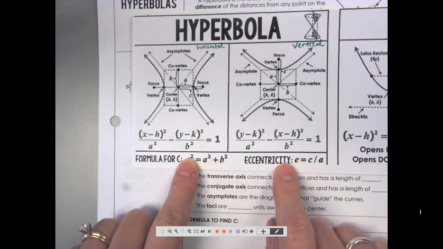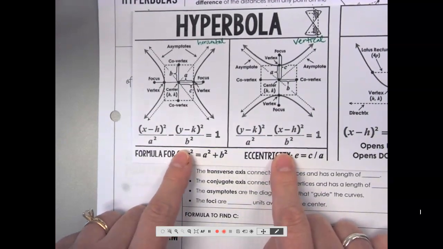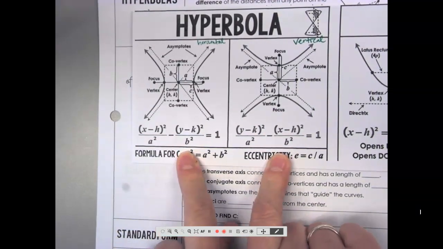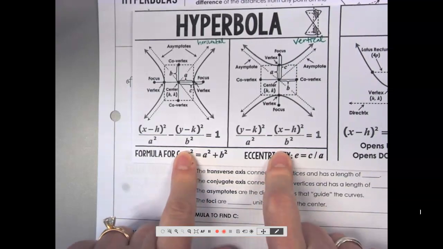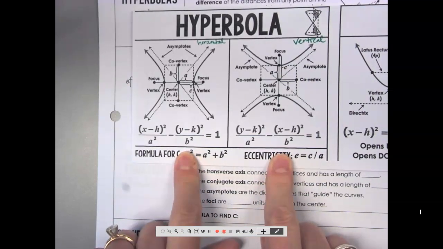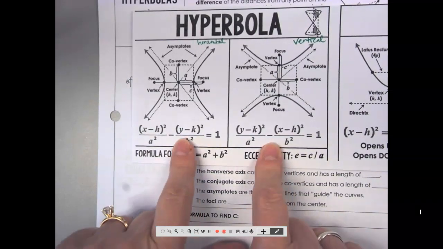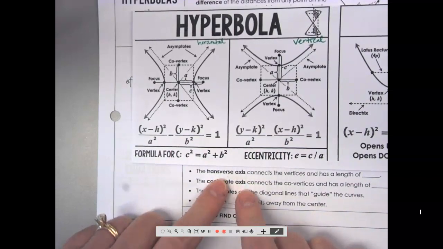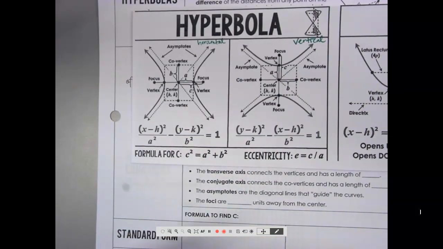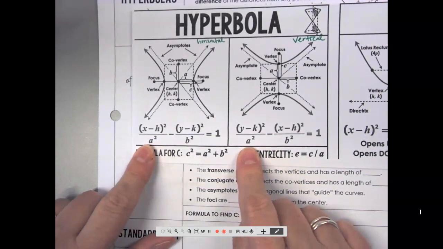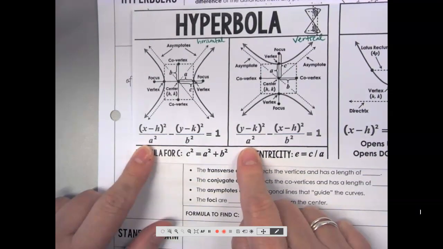Just look at the equations and tell me how they're similar to what we just did with the ellipse. See any similarities? There's a minus in the middle. Okay, and one other difference, the a squared is always with the positive term.